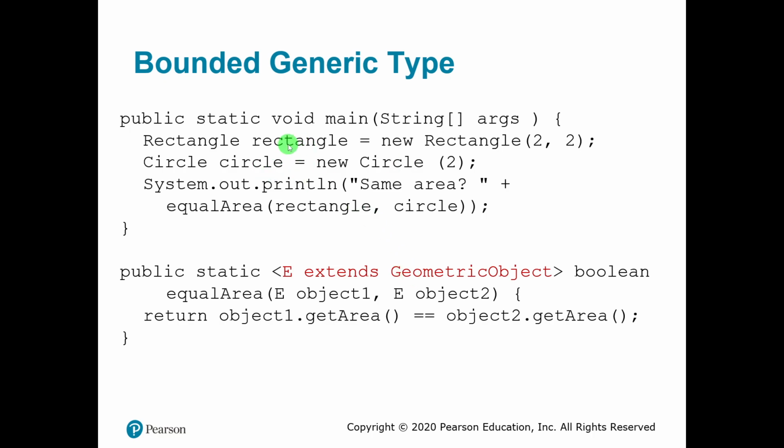So both of these classes are guaranteed to have a getArea method. And then they're just printing out, are they the same area? And they're calling this equalArea method, passing it the rectangle and the circle to compare their 2 areas. Okay. So that's an example of using a generic type in a method.